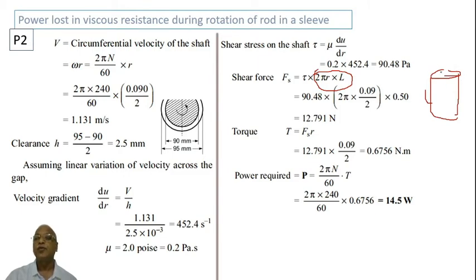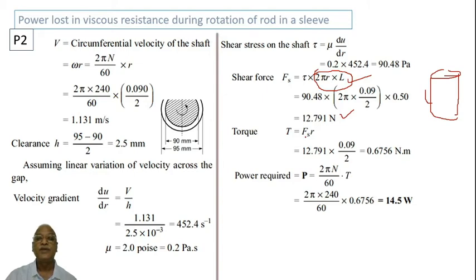It will be 2 pi r, the circumferential length, multiplied by L. So the circumferential area of a cylinder becomes 2 pi RL. That's why this formula. Now substitute, and you'll get the viscous force as 12.791. The force is given by this.